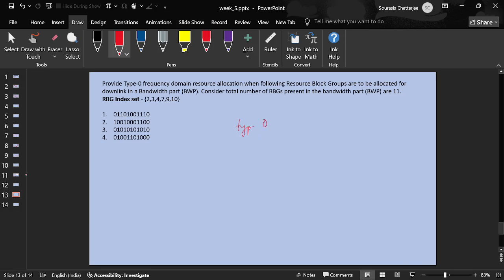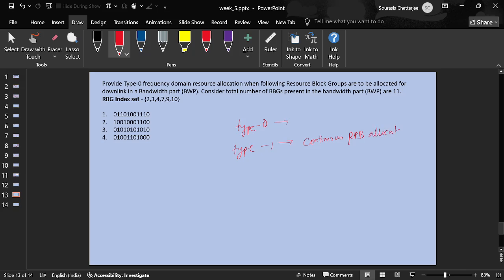There are two types of frequency domain resource allocation: type 0 and type 1. Type 0 is bitmap based, and type 1 combines the starting position and the resource allocation into a single value. So type 1 is more like a continuous PRB allocation.